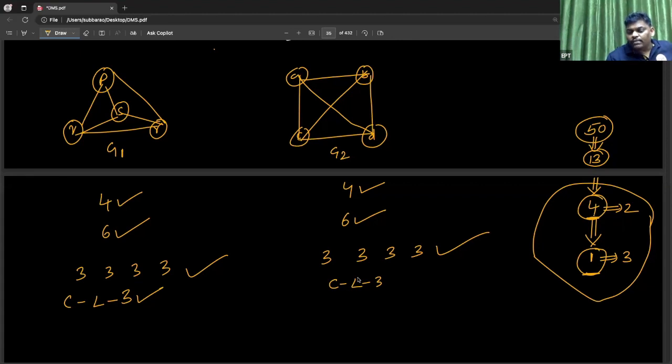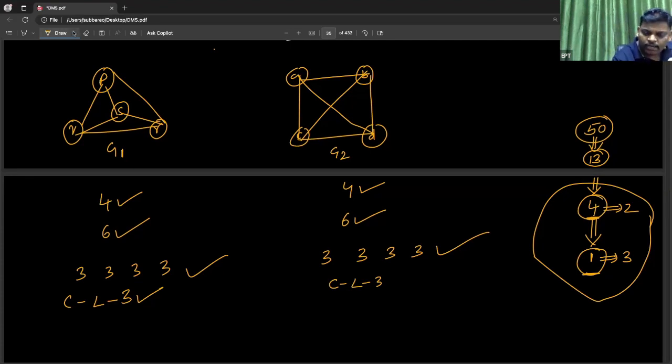And one more thing I want to ask you. G1 contains how many cycles of length 3? Can you count? G1 having how many cycles of 3 length? Check here. This is 1.